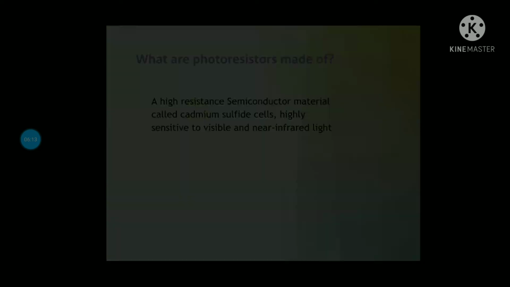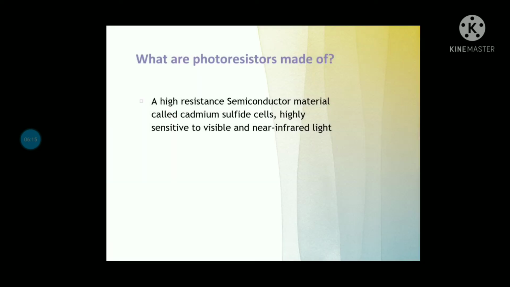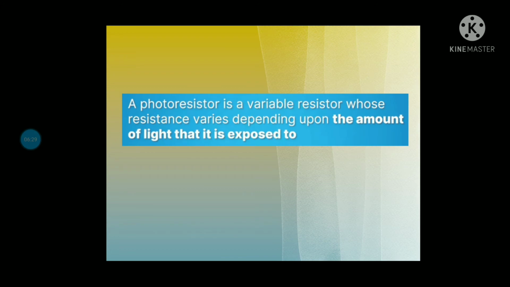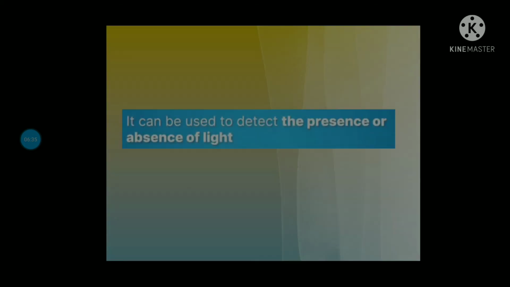Light dependent resistor. What is a photoresistor made up of? A high resistance semiconductor material called cadmium sulfide cells, highly sensitive to visible and near infrared light. A photoresistor is a variable resistor whose resistance varies depending on the amount of light it is exposed to.